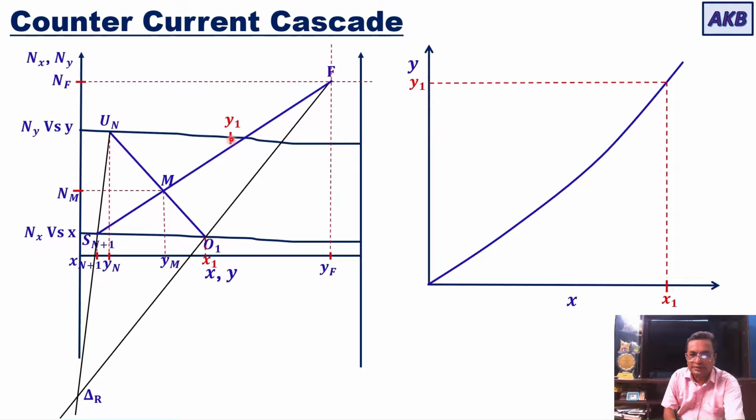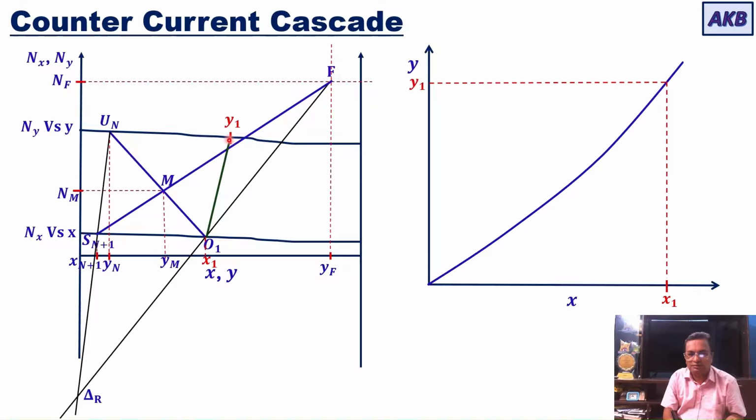So now since they are in equilibrium with each other, since we have got those two values from this equilibrium diagram, that is X1 is in equilibrium with Y1, they will be connected by a tie line. So I will draw a tie line that connects X1 and Y1. Now I will connect Y1.